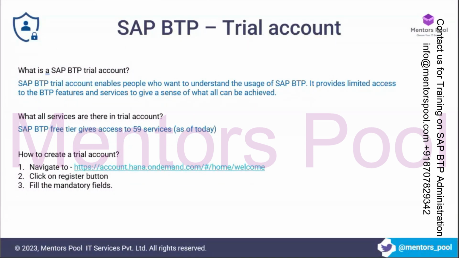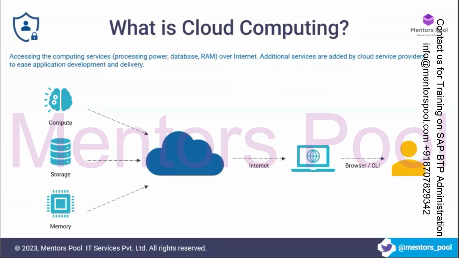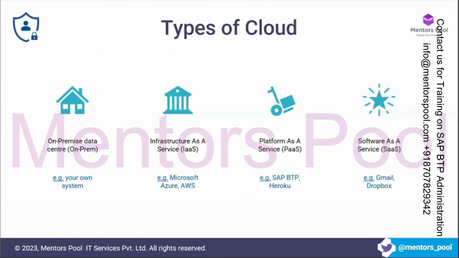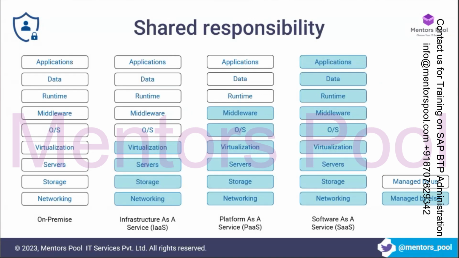All right. So yesterday we started the session with understanding what cloud computing is. We saw what the benefits are. We saw what the types of clouds are: on-prem, infra as a service, platform as a service, software as a service, and then we also learned about the shared responsibility model.